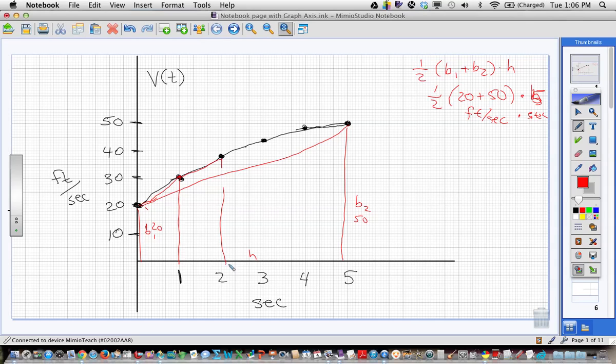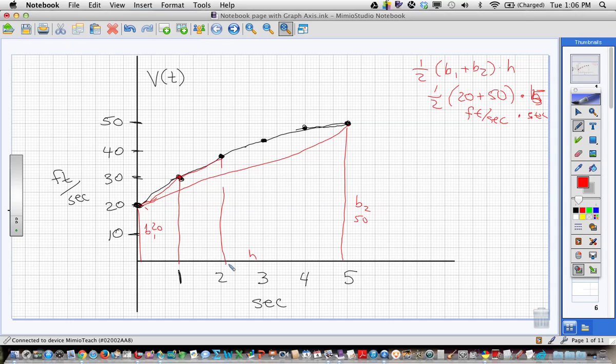Better. Closer, but not good enough. Still a little small, because this is curved concave up. It's a little bit over the top of those lines. So those individual trapezoids, this would be 25, this would be 34, and so forth and so on. Those individual trapezoids would add up to 195. Better answer, but still a little bit below.